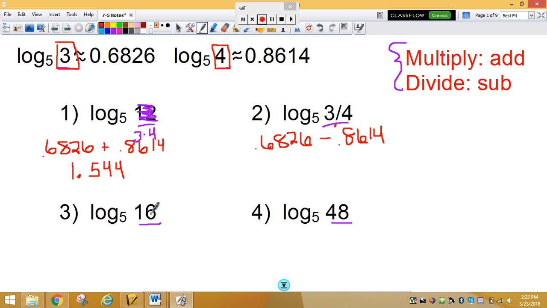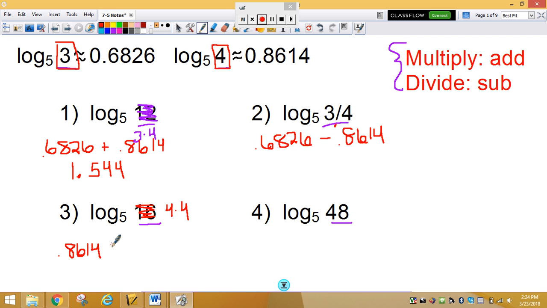So using a 3 and a 4, how can I get to 16? Well, I can't do 3 times 4. That's 12. Can't do 3 times 3. That's 9. But I can do 4 times 4, right? Do we agree 4 times 4 is 16? So 4, I know log base 5 of 4 is 0.8614.